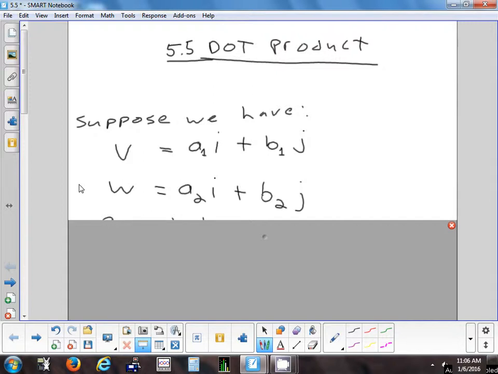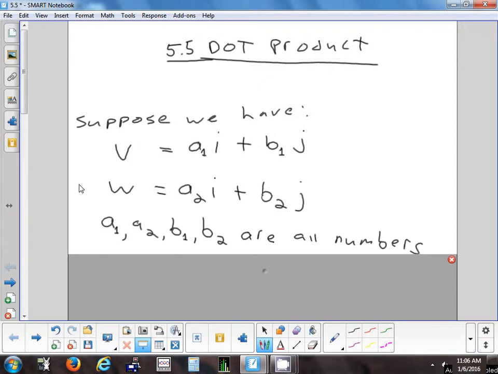All right, so suppose we have 2 vectors. When we go through a problem, these would all be numbers, like 3i plus 2j and negative 7i minus 5j. So each vector has a horizontal and vertical component. So a1, a2, b1, b2, they're all numbers in a real problem.